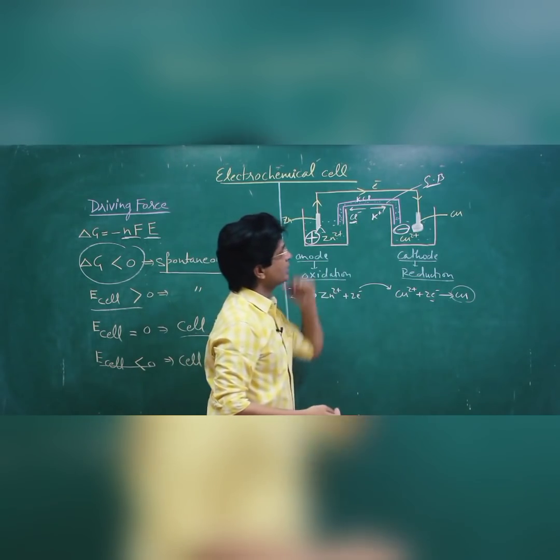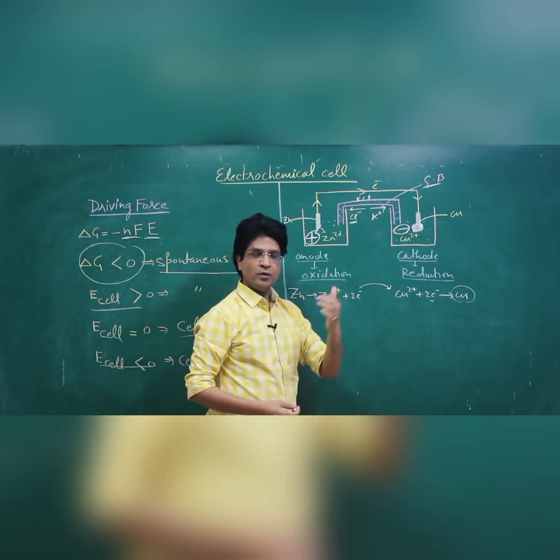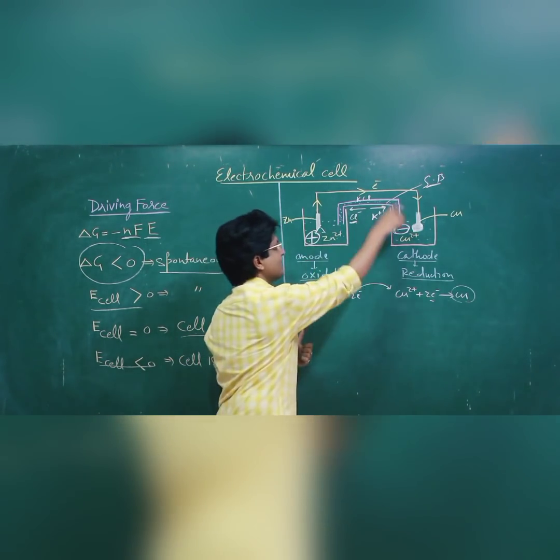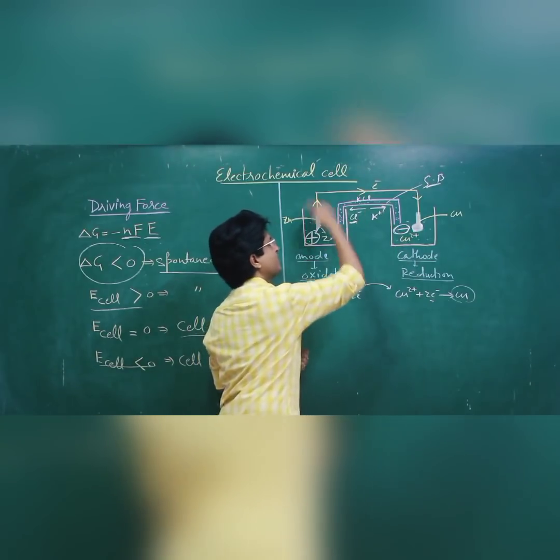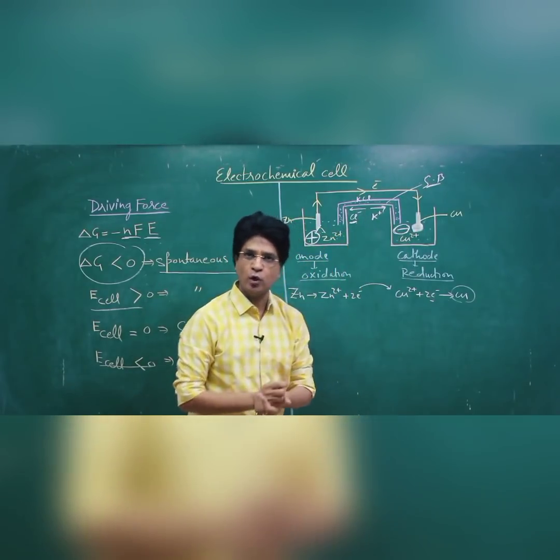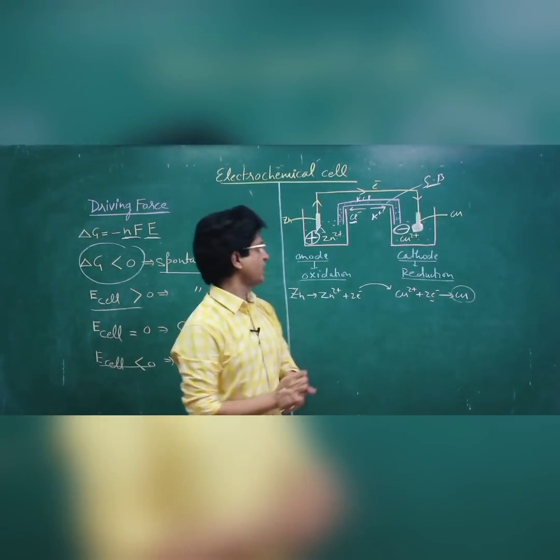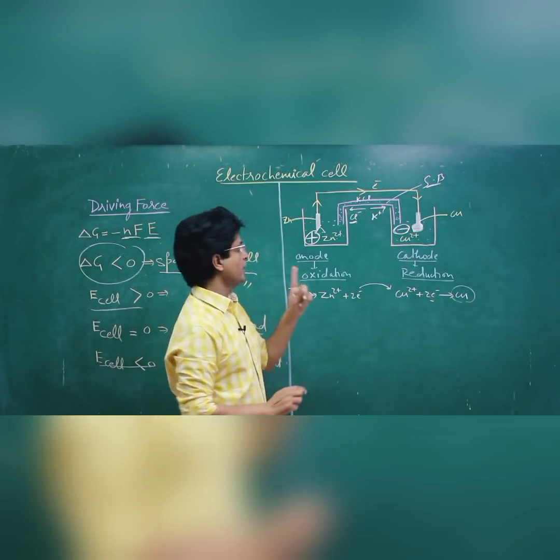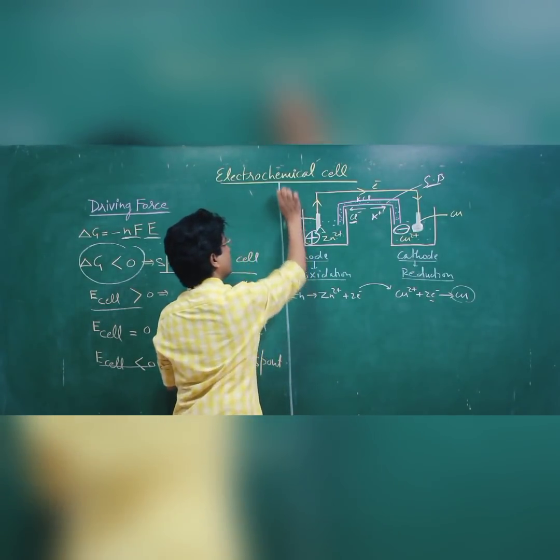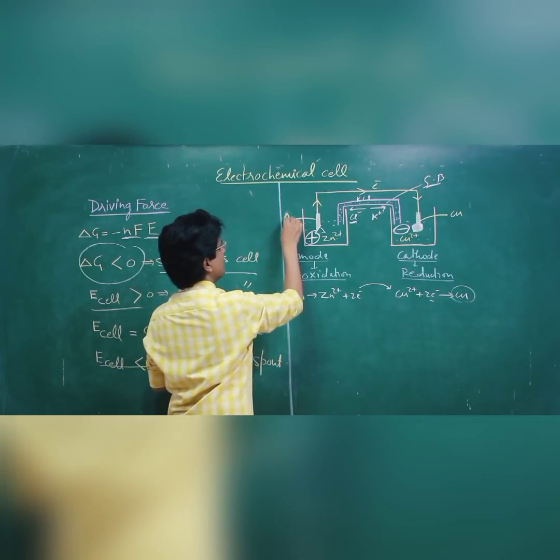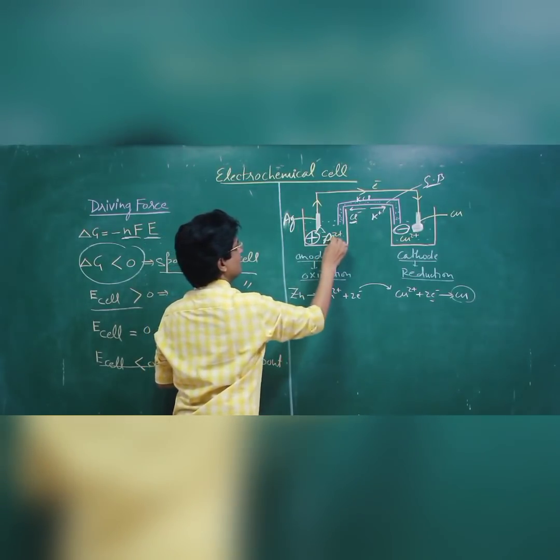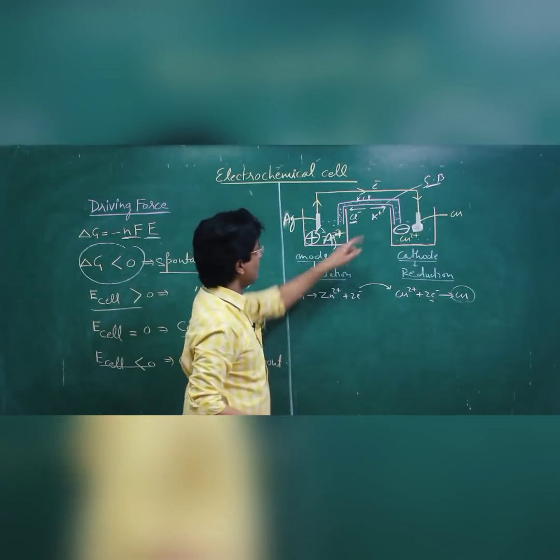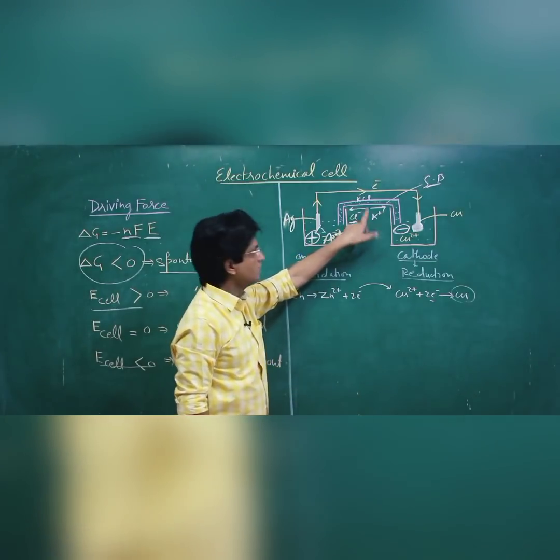So what is the function of the salt bridge? First of all, it neutralizes the cell, it completes the circuit, and also it stops the formation of liquid junction potential. Remember, if instead of zinc we are having say silver here, can I use KCl in the salt bridge?